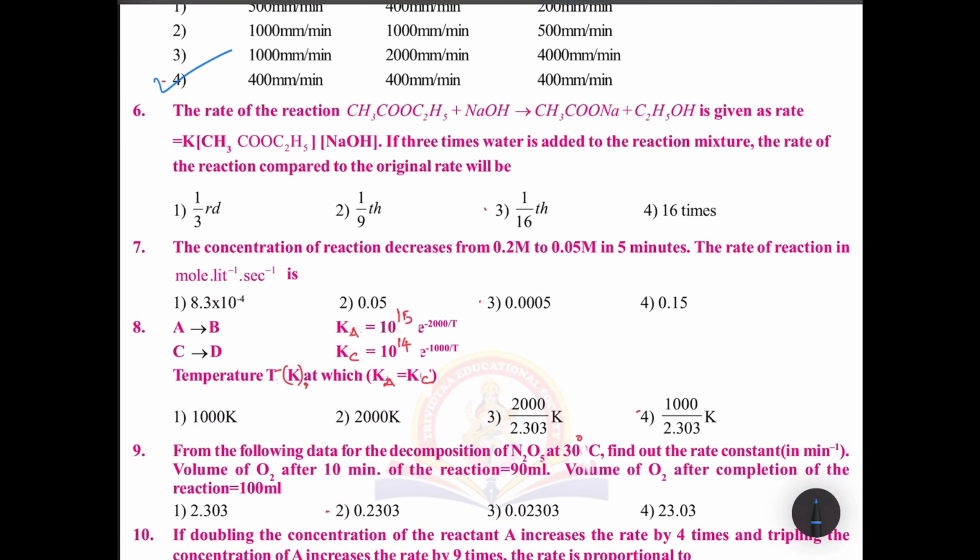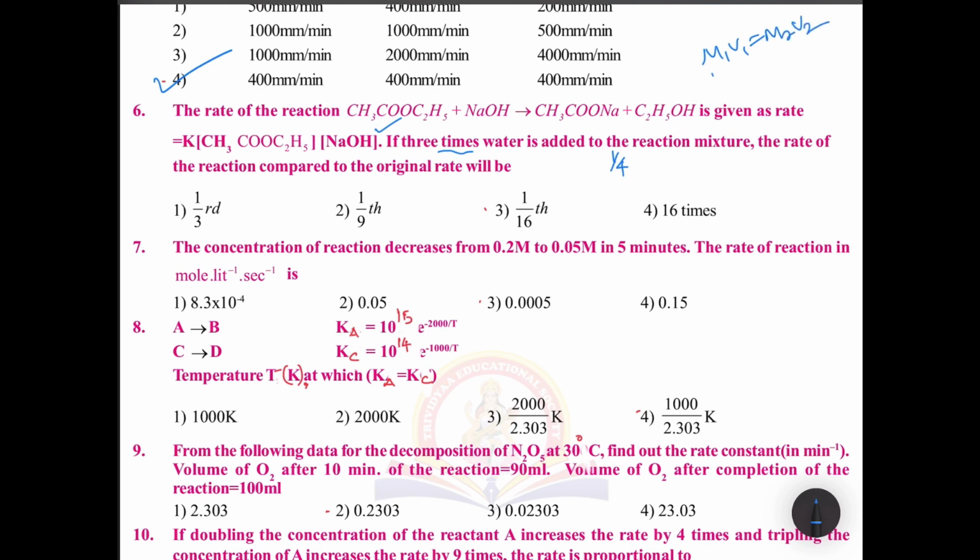The rate of the reaction CH3COOC2H5 plus NaOH gives rise to given. Now in the presence of basic medium, it is second order reaction, right? So if 3 times water is added, the concentration will become 1 by 4. Correct? Dilution law, M1V1 is equal to M2V2.